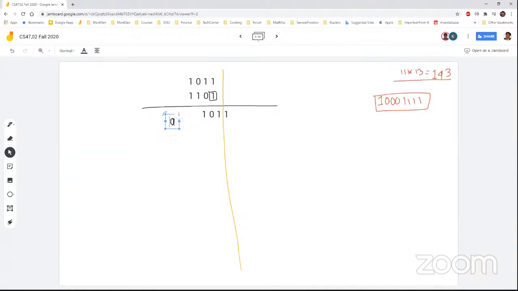This is always a fixed 0 at this point. Then we deal with the next bit, duplicate this one, but 0, 0, 0, 0, and we do a partial addition. My carry out is 0 there. This is my carry out.